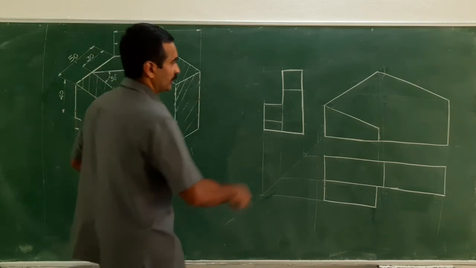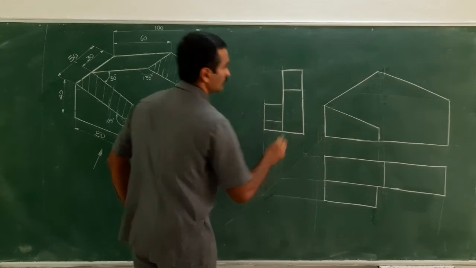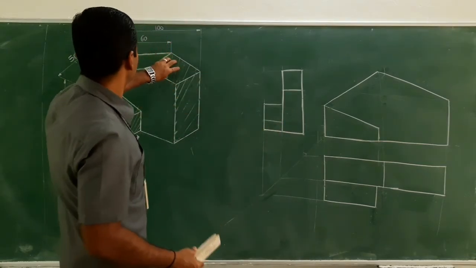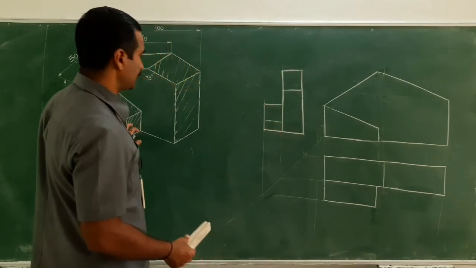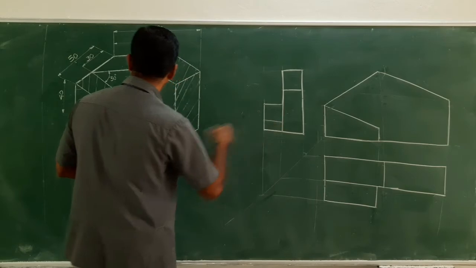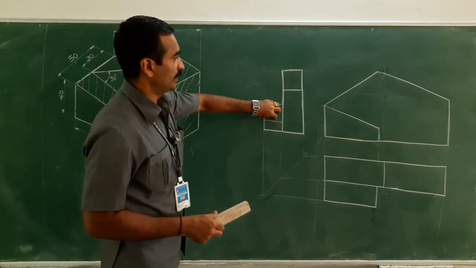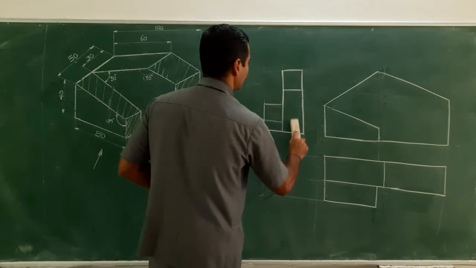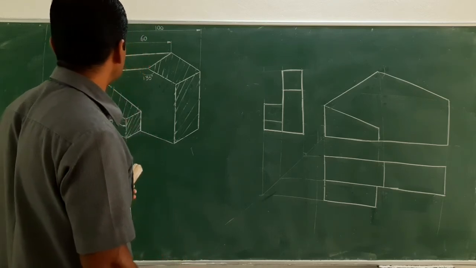This particular portion is visible, captured, and this portion is being captured here, right? Next, this particular portion which I captured here, and this particular portion which I captured here. All are visible edges, right?